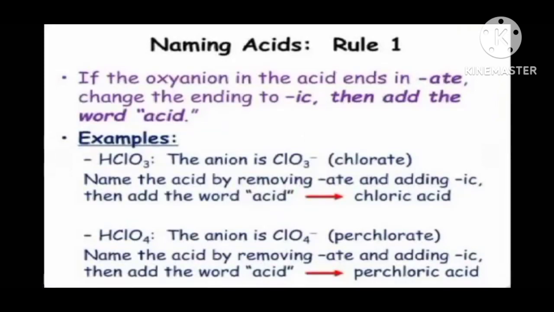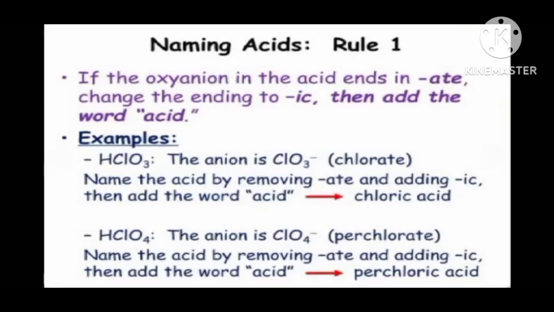Naming acids. Rule 1. If the oxyanion in the acid ends in "ate", change the ending to "ic", then add the word acid. Examples: HClO3, the ion is ClO3, which means chlorate. Name the acid by removing "ate" and adding "ic", then add the word acid.